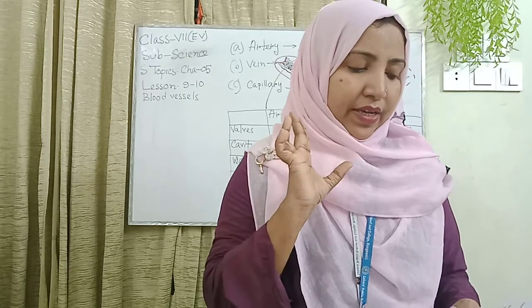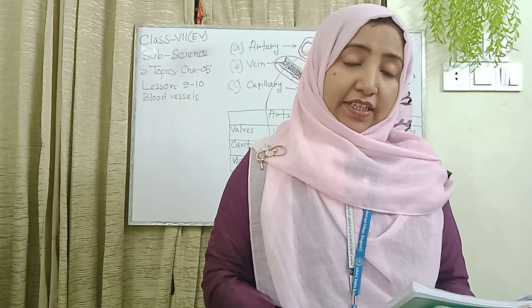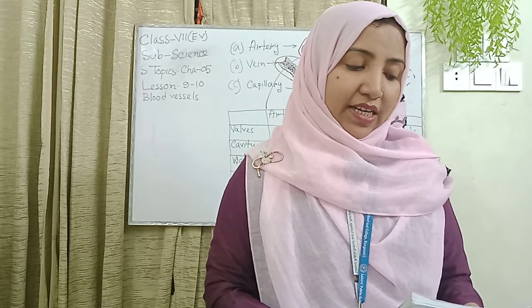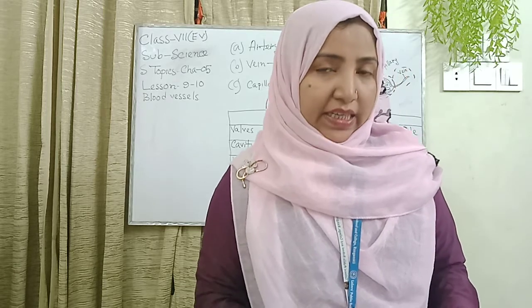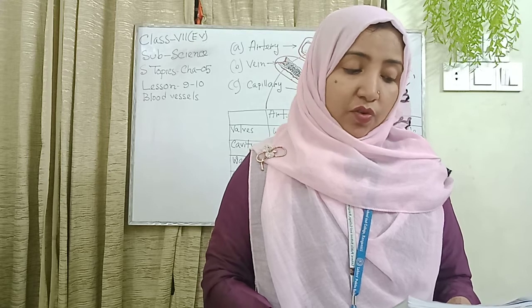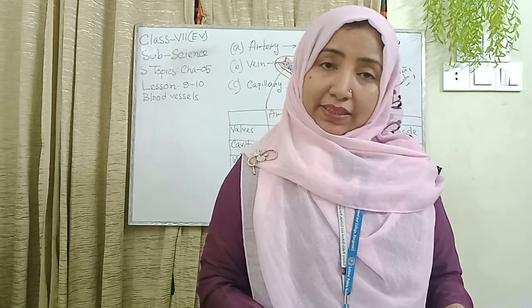What is the heart? The heart is a conical shape organ situated in between two lobes of lung at the left side of the chest cavity. It is covered with a two-layered, thin membrane called pericardium, and the heart is composed of heart muscles.